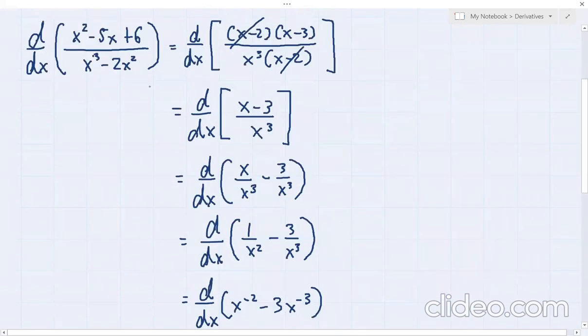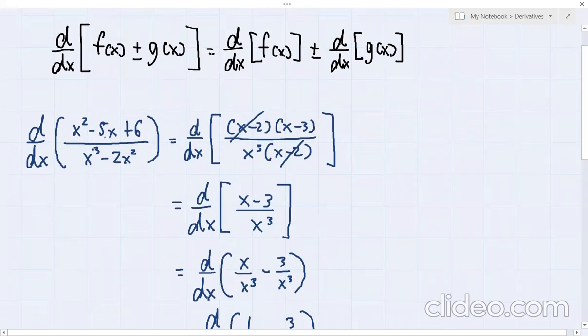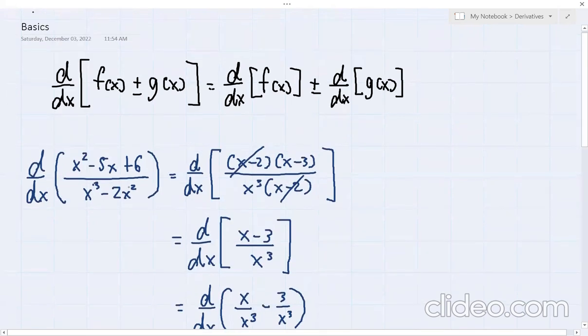Kasi itong rational expression na to, 'di ba kasi fraction siya. So parang magdi-divide ka, 'di ba? So gagamit ka ng quotient rule of differentiation, which is to be discussed in the future. Okay? Pero kapag mga ganito lang, you do not need to use quotient rule. Okay? If you know the basics just like this one, then you will not have a hard time. Hindi ka mahihirapan dito. Okay?